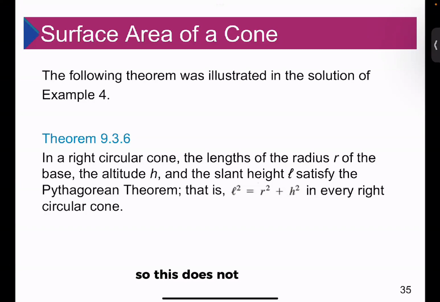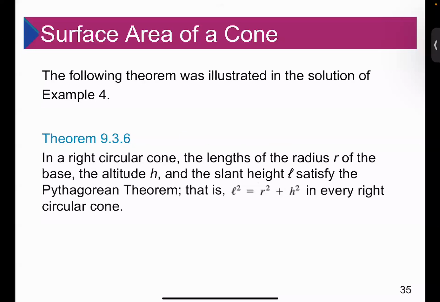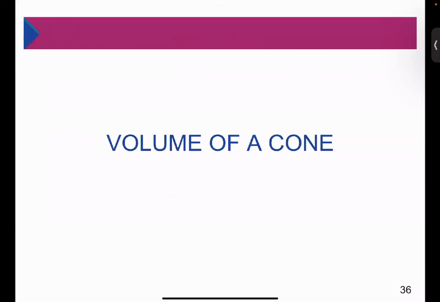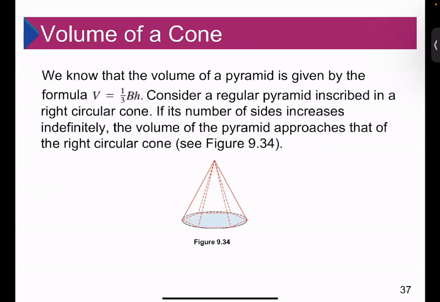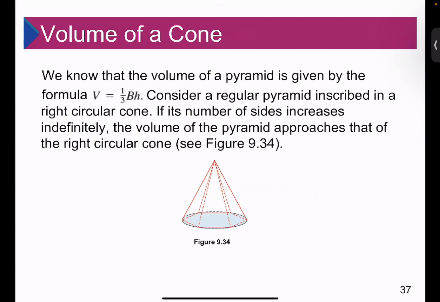So this does not apply for oblique cones. For the volume of a cone, we know that the volume of a pyramid is given by the formula V is equal to 1/3 of base times the height.